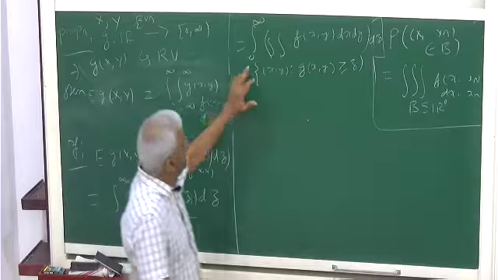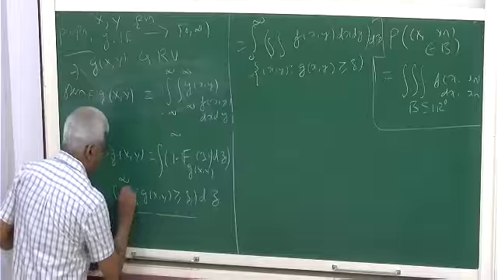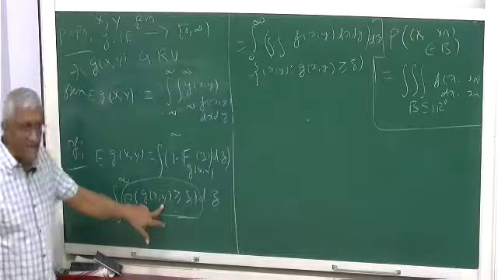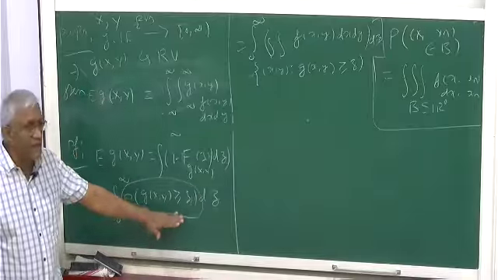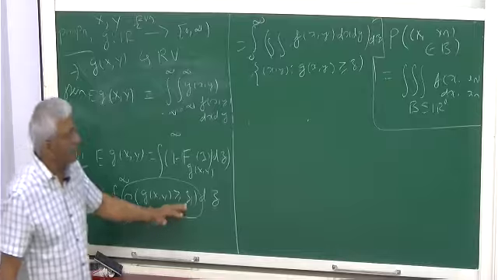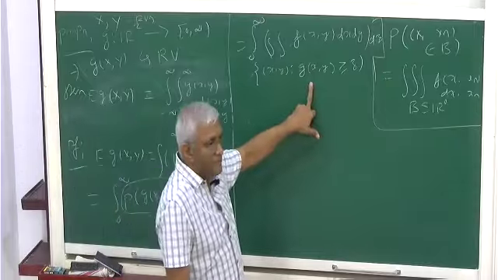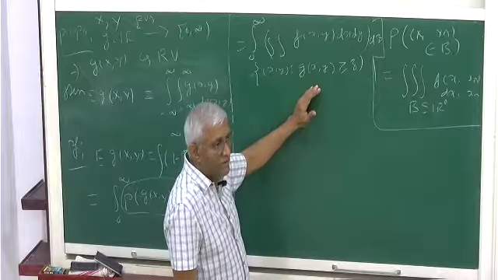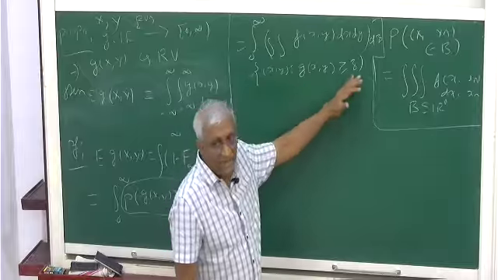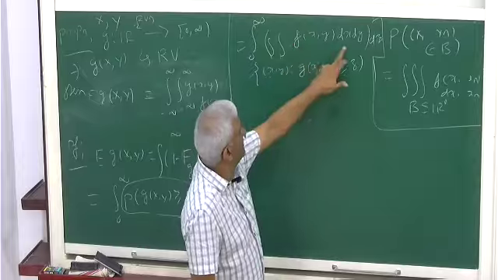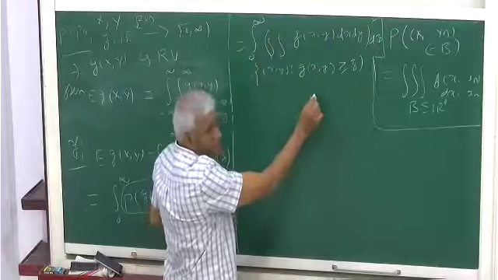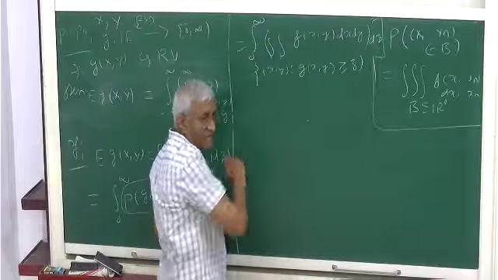Now this probability is just integrating the density function over this set, which I have written here: the (x, y) such that G of (x, y) is greater than or equal to z, f of (x, y), that is this double integral. Then there is another integral here.